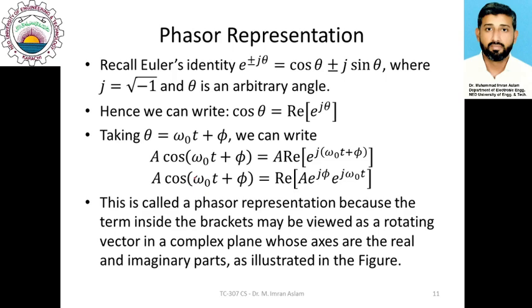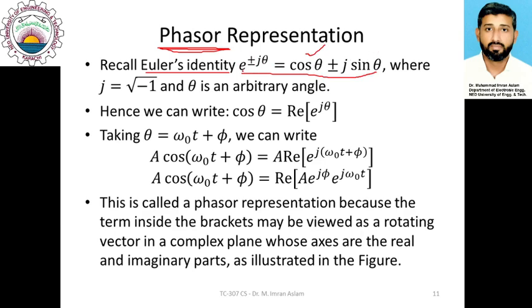There is another representation which is sometimes used in analysis. That representation is called Phasor representation. The Phasor representation comes from Euler's identity. We know that e raised to the power j theta can be represented as cos theta plus j sin theta.